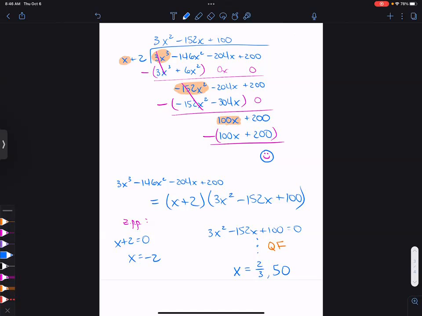So what you can do with that is that the factor theorem says, conclusively, that if you know a 0, then you know a factor. So when I give you a 0, I'm giving you a factor. So if 3 is a 0, then what does one of the factors of that function look like?